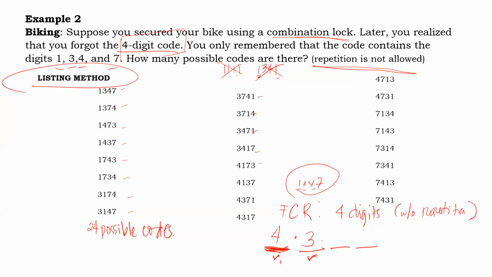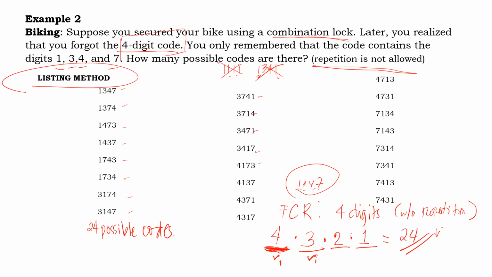For the third digit, you have used one in the first and one in the second, so you only have 2 choices. For the fourth, you only have 1 choice left. All in all, 4 times 3 times 2 times 1. 4 times 3 is 12, times 2 is 24, times 1 is 24.